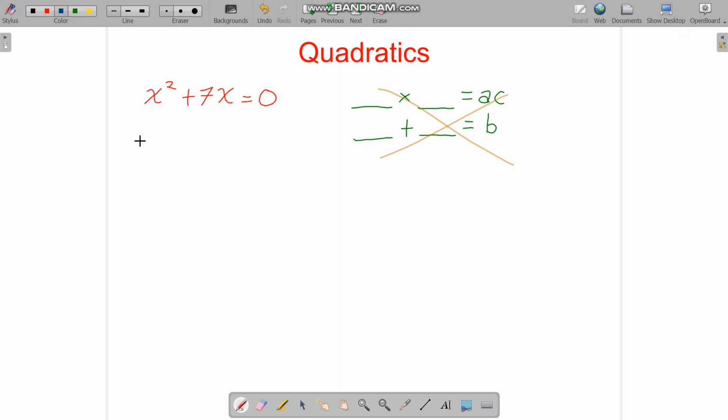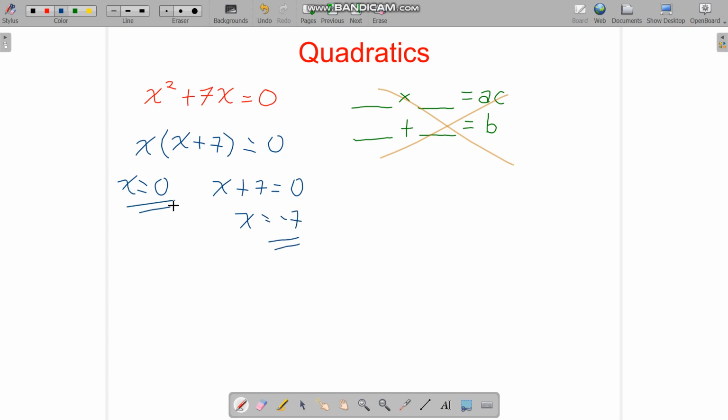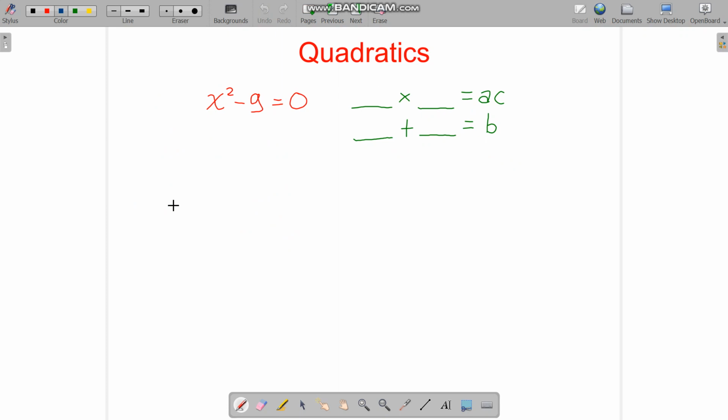There is no constant term. Just factor out x. We have x times x plus 7. So we can have x equals 0 or x plus 7 equals 0, which means x equals minus 7. We get the solution right away. And for this one here, again, there's no need to use the procedure.